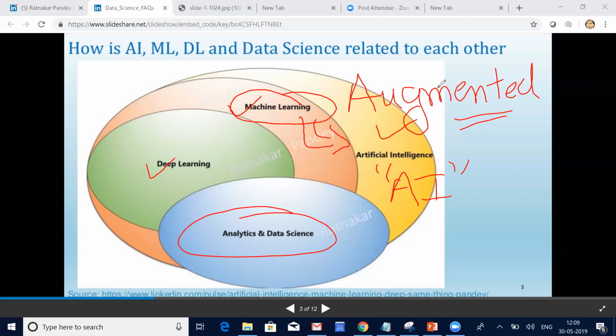Because they have been trained to identify certain patterns and certain behavior, you can deploy them in reality, and they can give you the output that you desire. To give you an example of a machine learning algorithm, I'm sure a lot of you would have already applied for a bank loan or would be applying in the future, right?